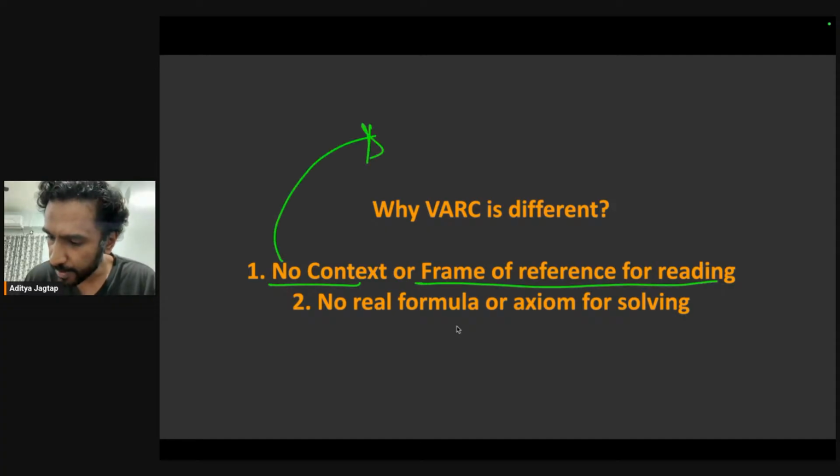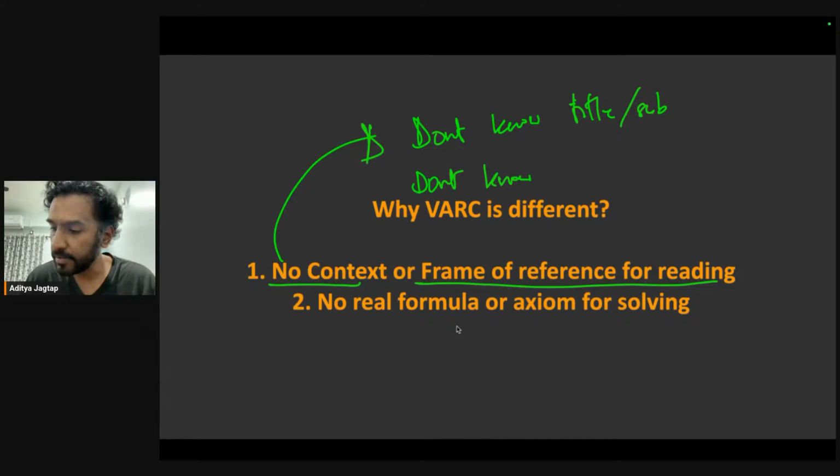No context implies you don't know the title or subtitle, and you also don't know the subject of discussion. By don't know here, I mean the subject of discussion is alien to you. Like, you might not like philosophy, or you might not like economics. The passage could be from any area, right? So you don't know the topic of discussion.